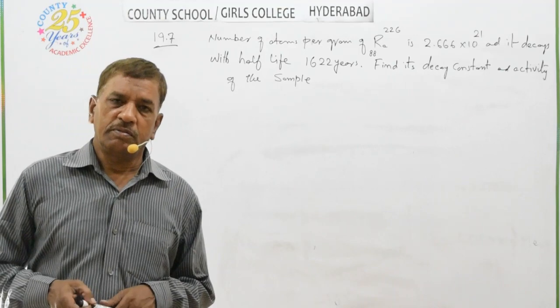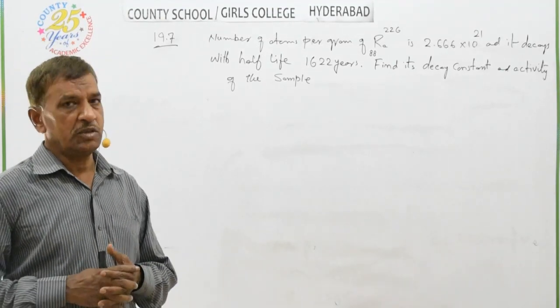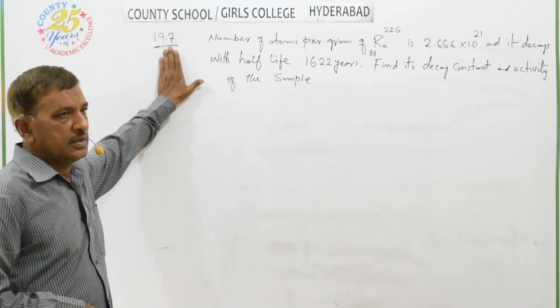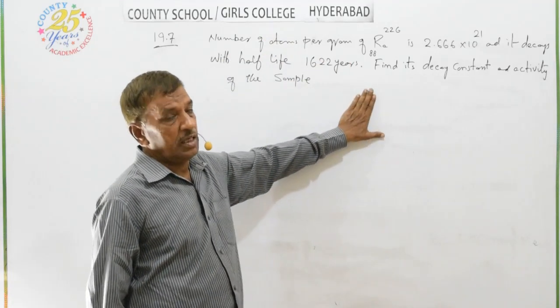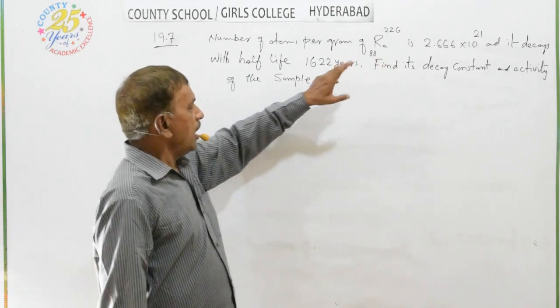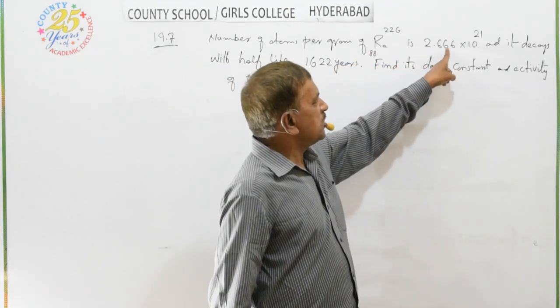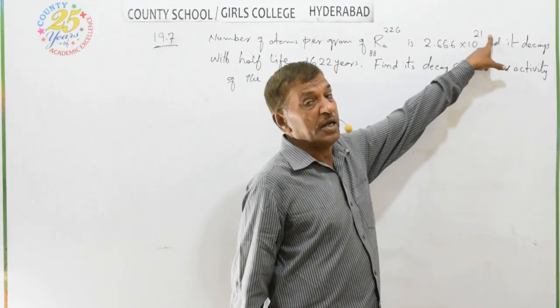So students, now we are taking another numerical of the 19th chapter, and that is 19.7. In this numerical, we are given radium. Radium is a radioactive element, and its number of atoms is 2.666 into 10 raised to power 21 per gram.